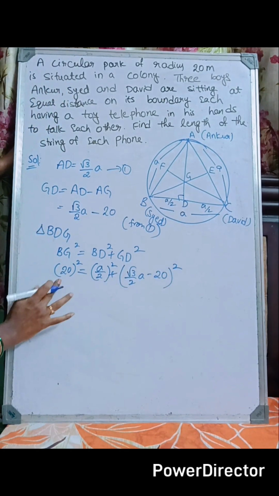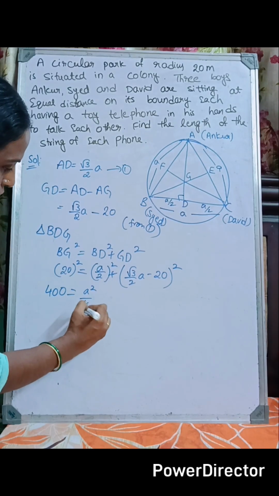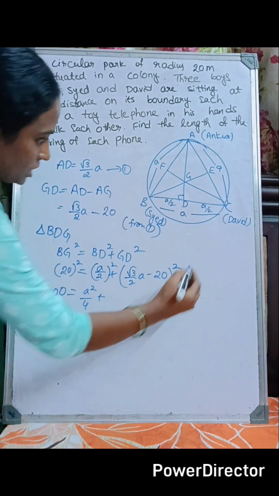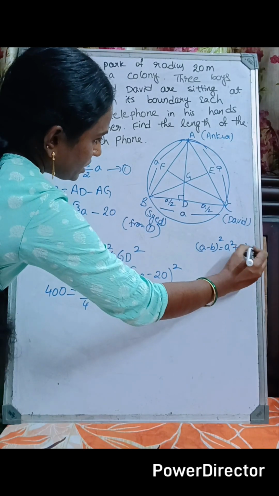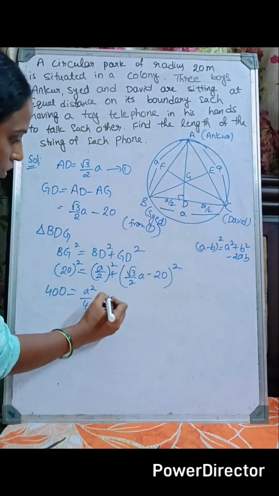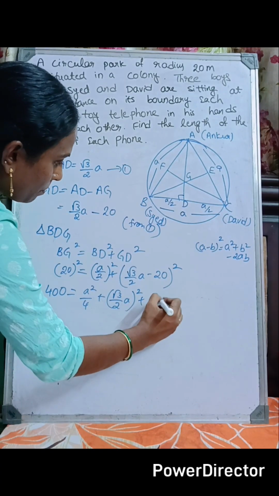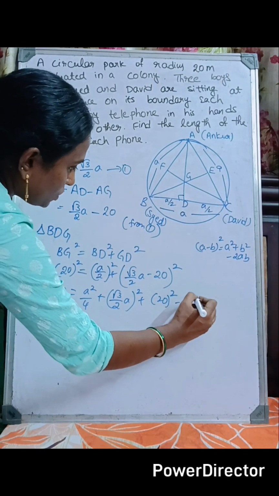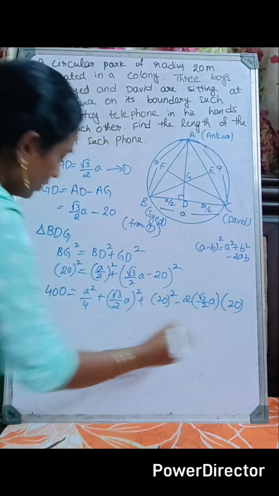Now 20 square is 400. I can apply A minus B whole square, which is A square plus B square minus 2AB. So from this, root 3 by 2 A whole square plus 20 square minus 2 into root 3 by 2 A into 20.